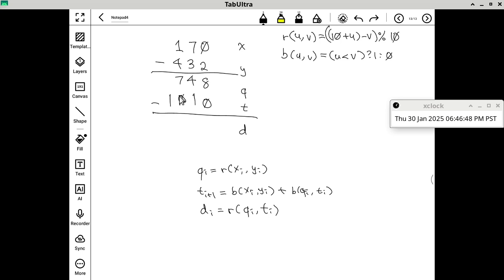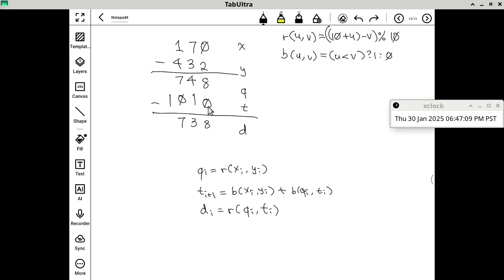And now when we get to D, we just say it is the single digit difference between the Q and the T. So 8 minus 0 has a single digit difference of 8. 4 minus 1 has a single digit difference of 3. 7 minus 0 has a single digit difference of 7. So the answer here is 170.